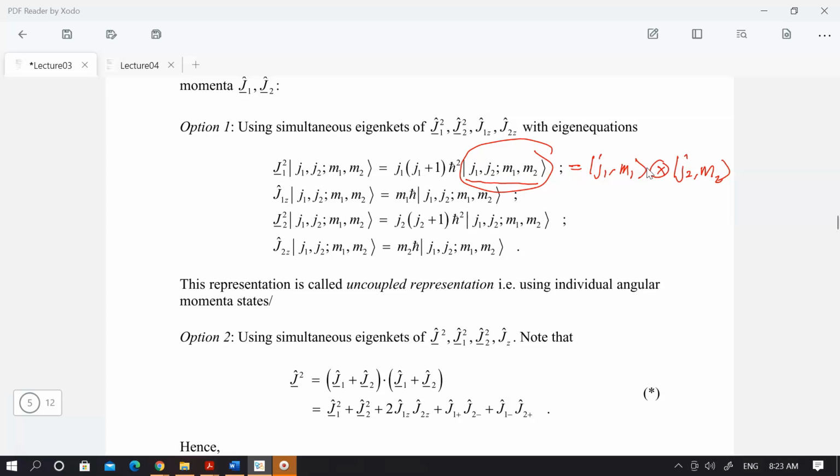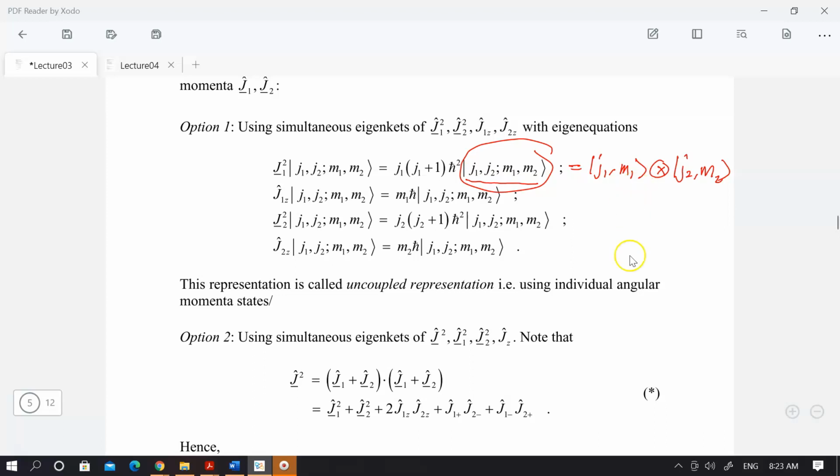So you have all this relationship, the eigenvalue equation so to speak, of this option of using the individual angular momenta. They will form the basis, all possible combinations of this.